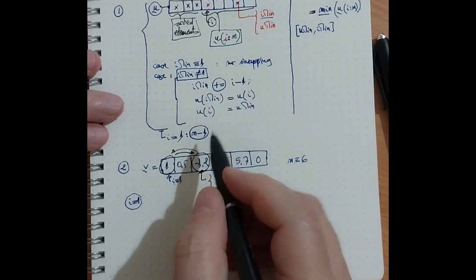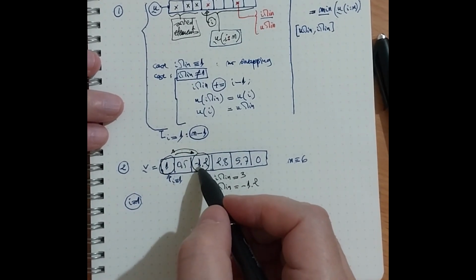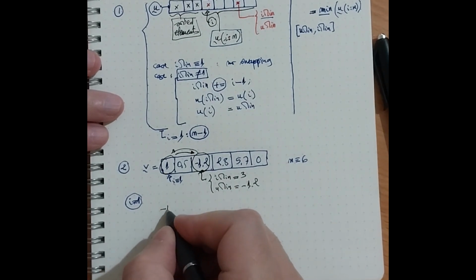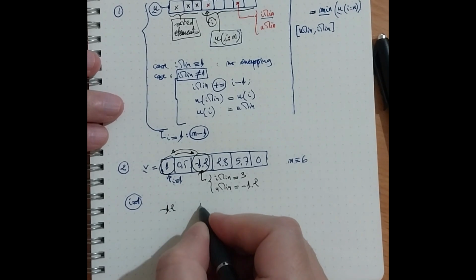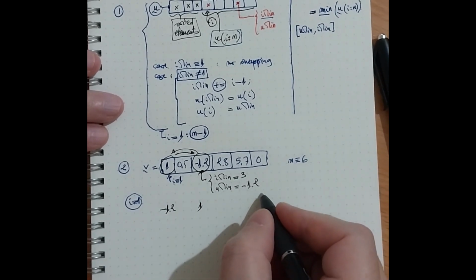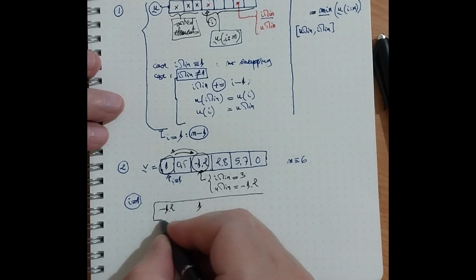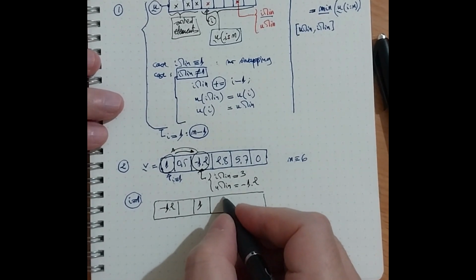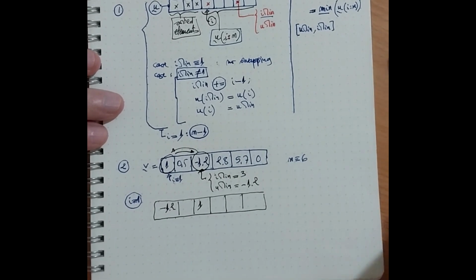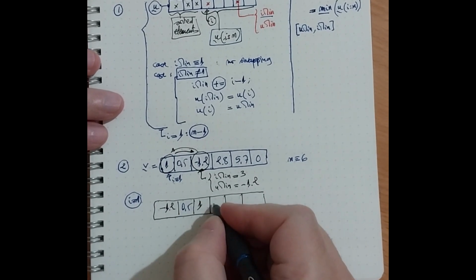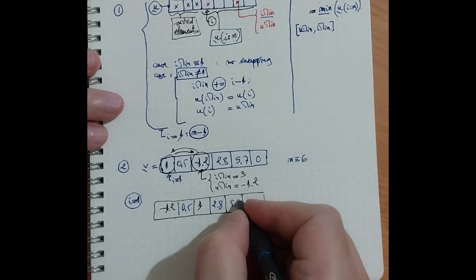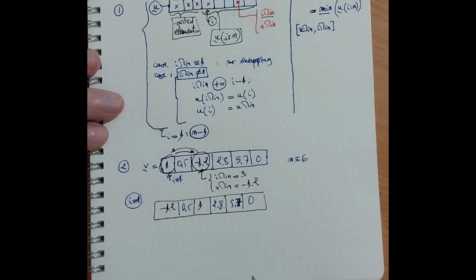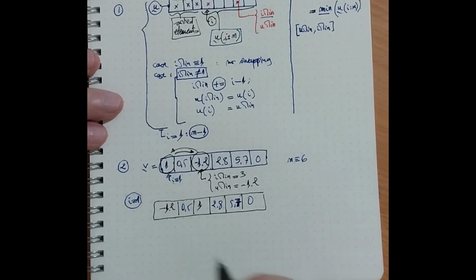So we first change the value here to minus 1.2, and here 1, and the rest will not change. 0.5, 2.8, 5.7, and 0. So this is for I equal 1.